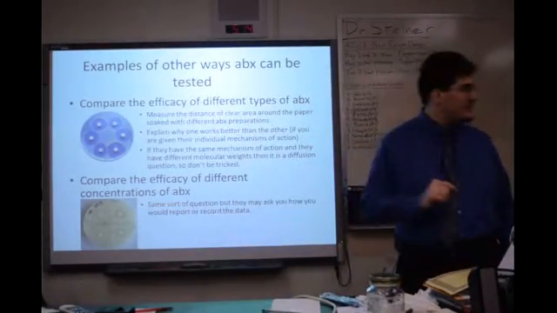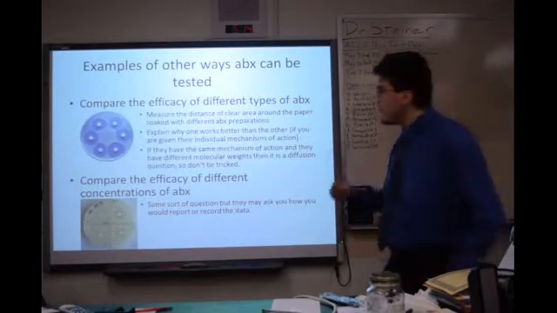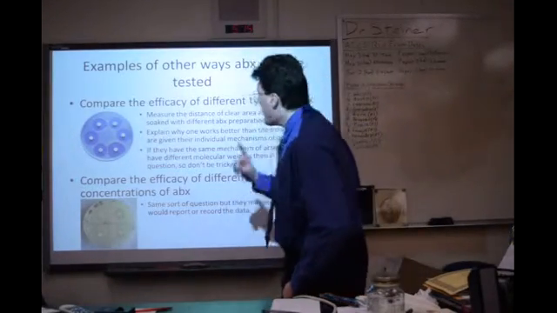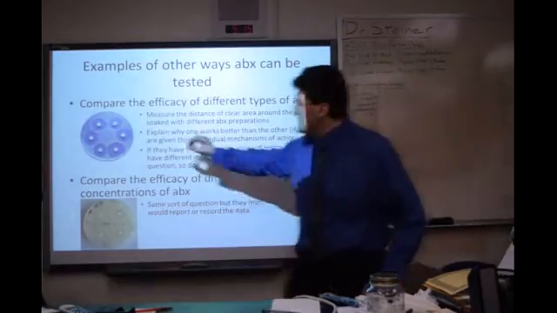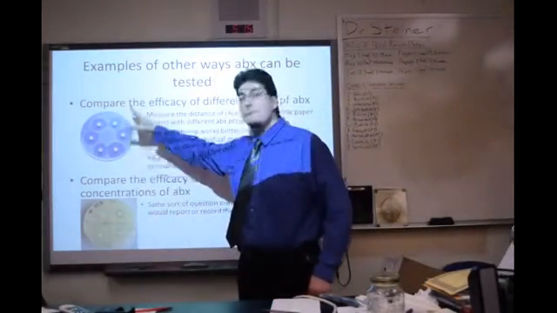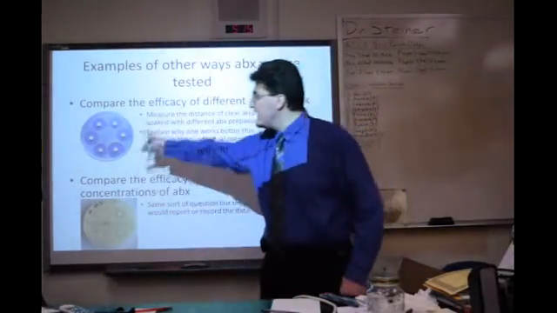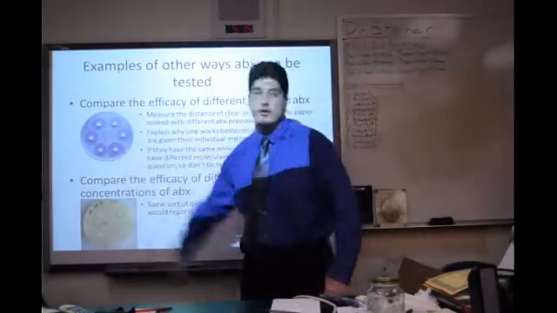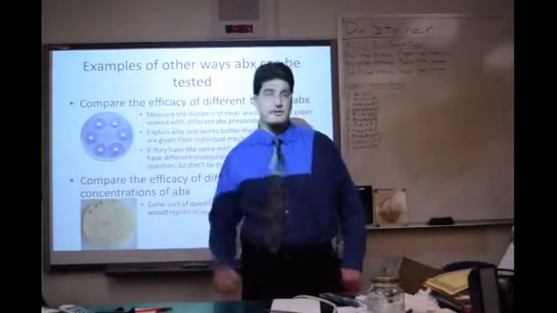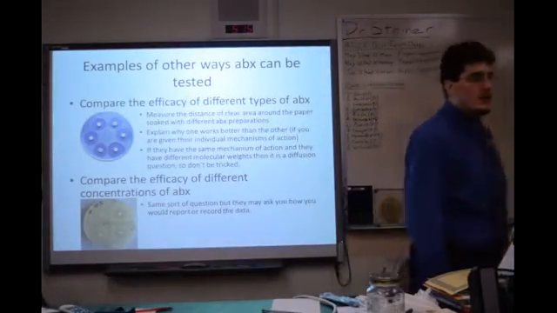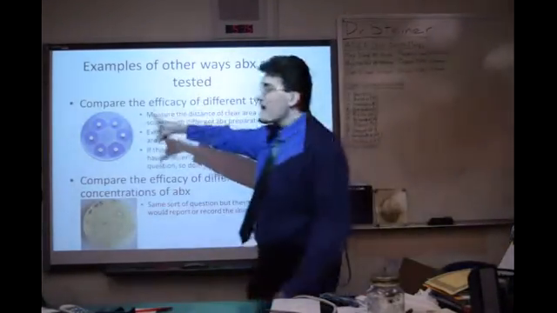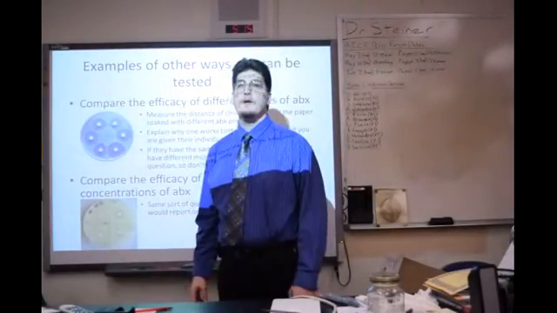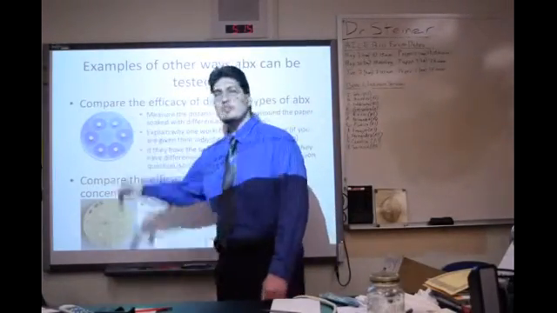You test the efficacy of different antibiotics by measuring the distance from the piece of paper that has cleared the bacteria, where there is no growth. That's how effective the antibiotic is. So the most effective antibiotic is the one that has shown the most clearance.